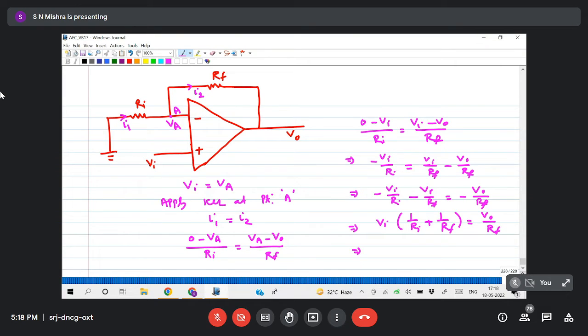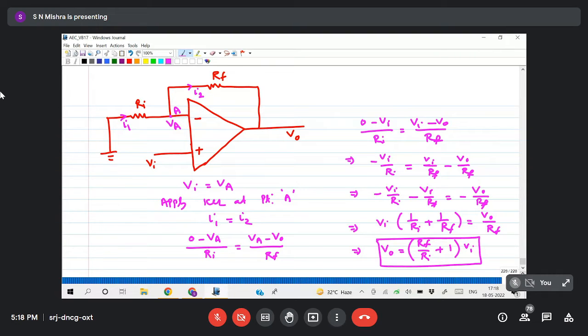What I want is V0, so I'll multiply by Rf on the left hand side, so that on the right hand side Rf will cancel. If you multiply Rf in the first term, I get Rf by Ri, and the second term is 1, so (1 plus Rf by Ri) into Vi. So this is your output voltage.